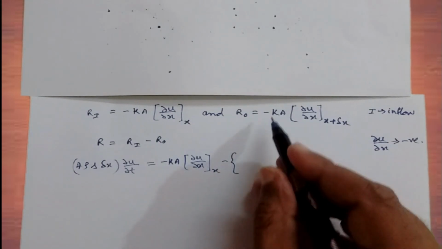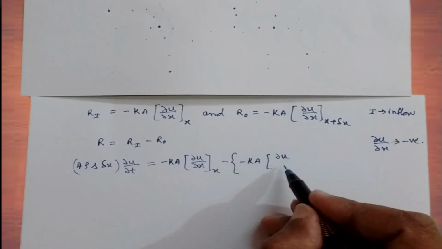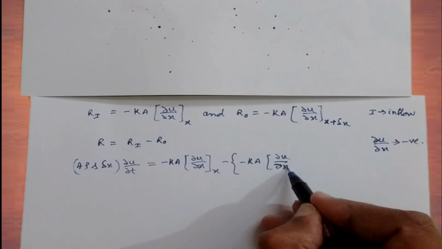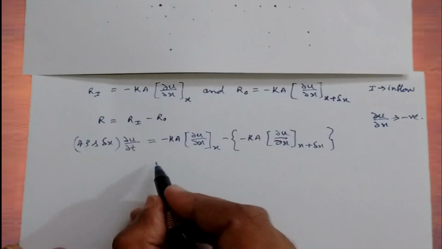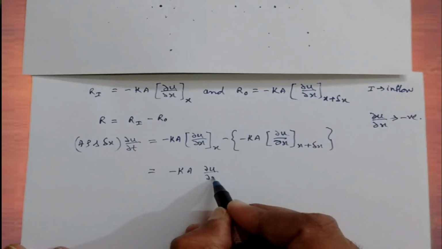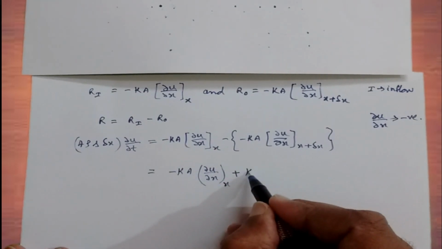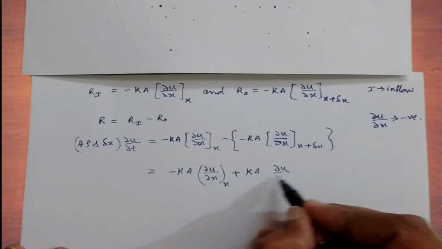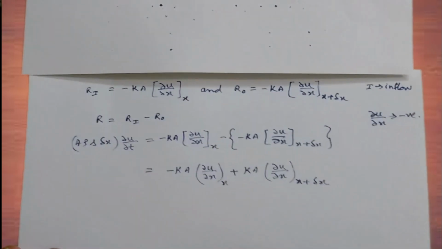This particular value is minus Ka into dou U by dou X at X plus delta X, which will be equal to minus Ka into dou U by dou X at X. So this minus of minus will become plus Ka into dou U by dou X at X plus delta X.